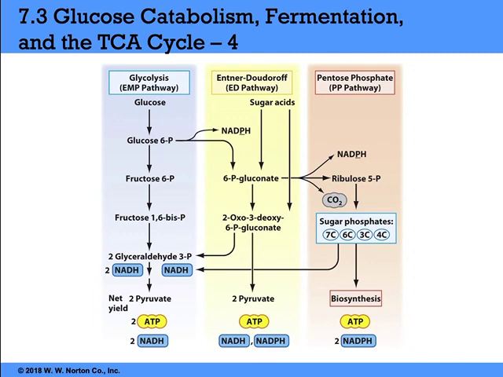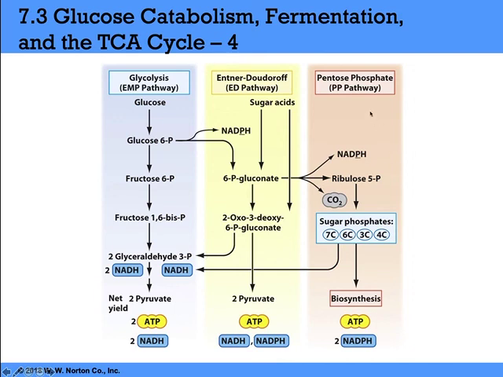And then they can be converted into 2-keto, 3-deoxy, 6-phosphogluconate, which can be converted into glyceraldehyde 3-phosphate. And from that point on, we can go through glycolysis and dump into the Krebs cycle, right? Certain organic acids can be converted to 2-keto, 3-deoxy, 6-phosphogluconate and enter glycolysis at the same point, okay?